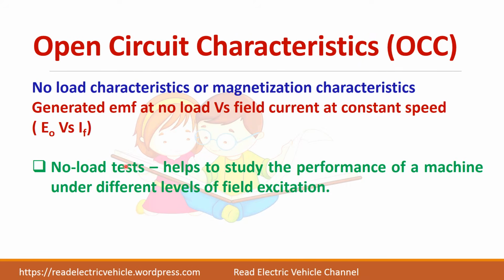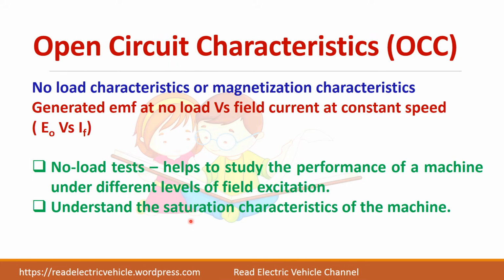This no load characteristics actually helps to study the performance of the machine under different levels of field current, because you are varying the field current and studying how your machine works. It is also helpful to study the saturation characteristics of the machine.